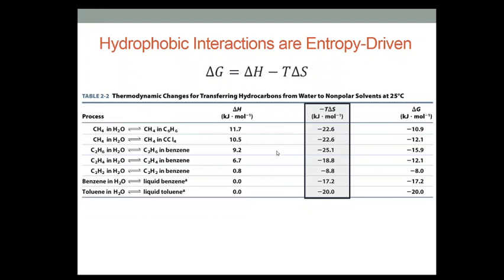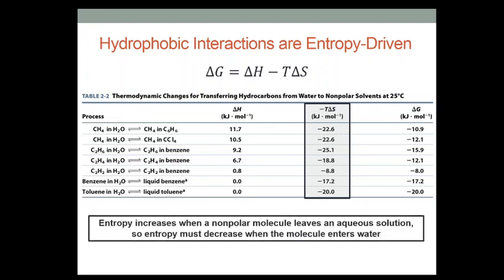So when we look at this, you'll see our entropy changes are very good. In fact, this reflects a very favorable thing. And I should highlight here, this is shown as minus T delta S, but what you should notice here is the magnitude. So the takeaway message here is that the entropy increases for the system when your nonpolar molecule leaves an aqueous solution.